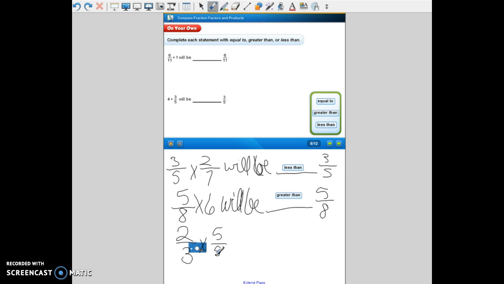If I have a pie that's cut into 5 pieces and I eat 5 of those pieces, I ate the whole pie. So we have 2/3 times 1, and that will be what? Equal to. Equal to 2/3.